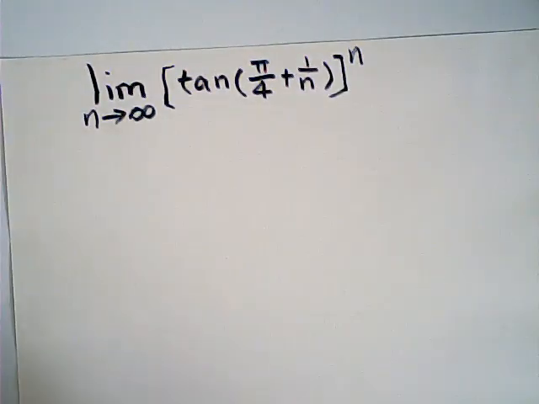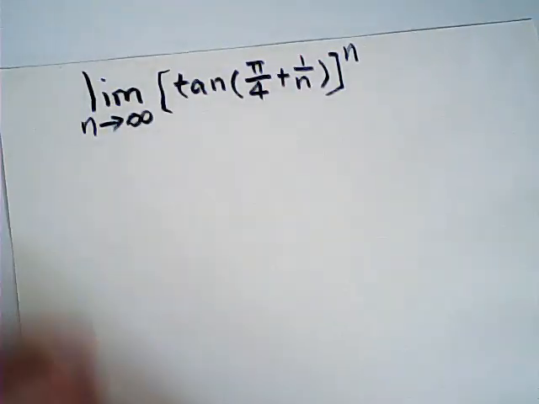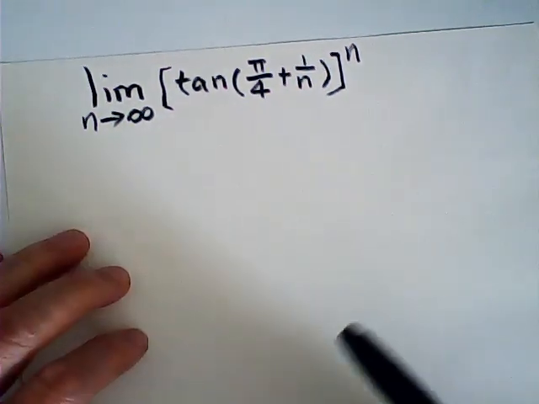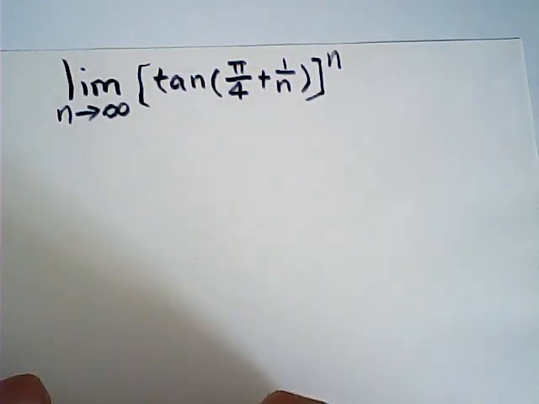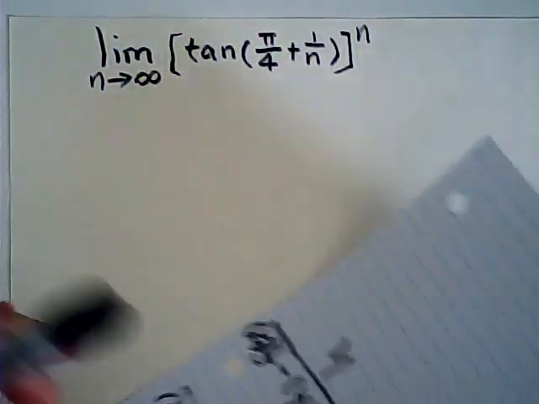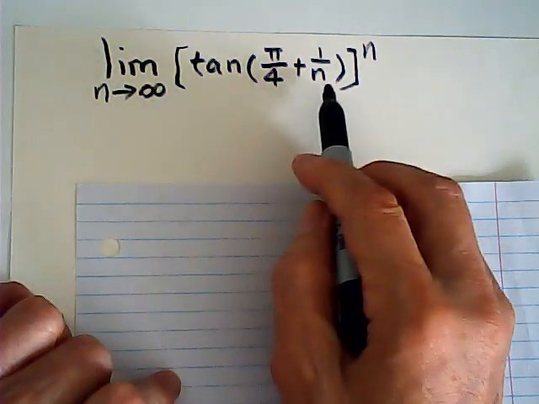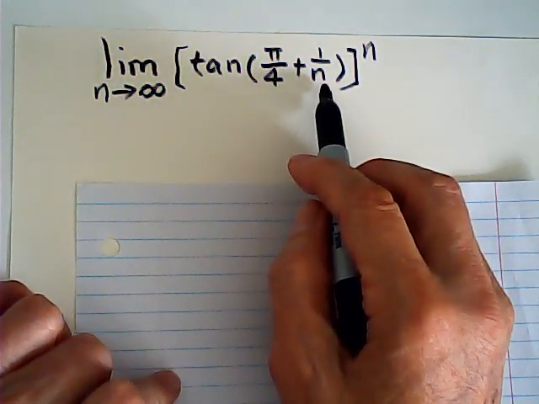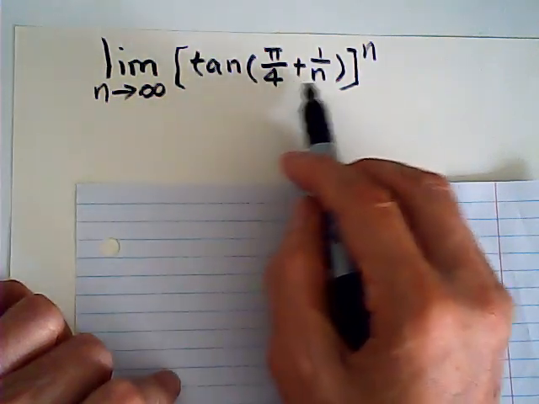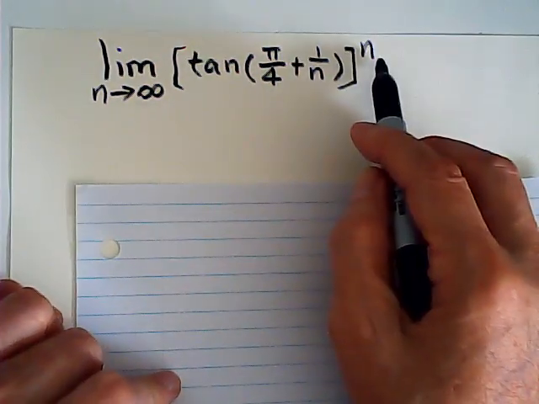Now let's see this limit. When n goes to infinity, this approaches 0, so the whole thing approaches 1, and the exponent approaches infinity.